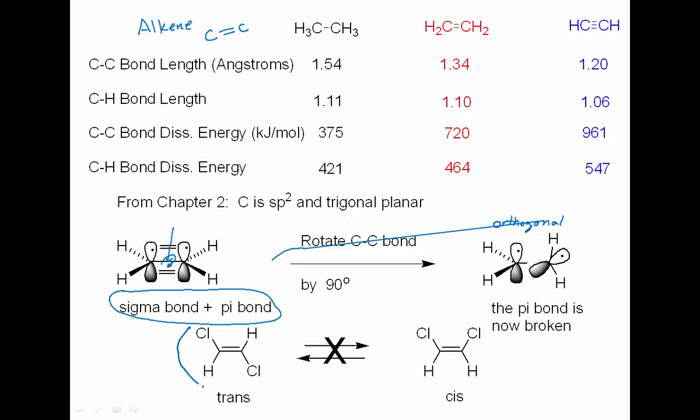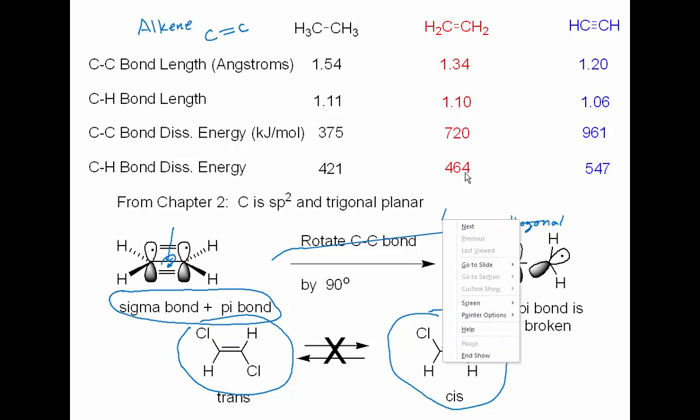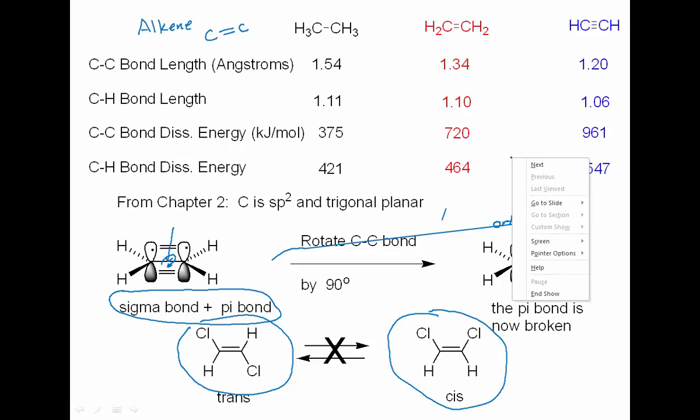If you look at this compound and this compound, hypothetically they could be interconverted by rotating around the carbon-carbon double bond, but since you can't do that, of course, they have to be different compounds. We refer to them, when they're on opposite sides, as being the trans alkene, and when they're on the same side we refer to them as the cis alkene.